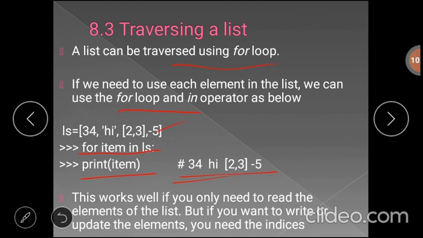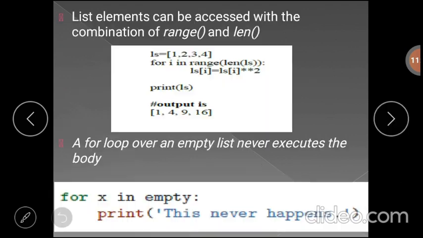Suppose you want to write or update individual elements of that list, then we have to use the index number. For example, here we have one program. In this program, we are displaying the square of the given list elements.